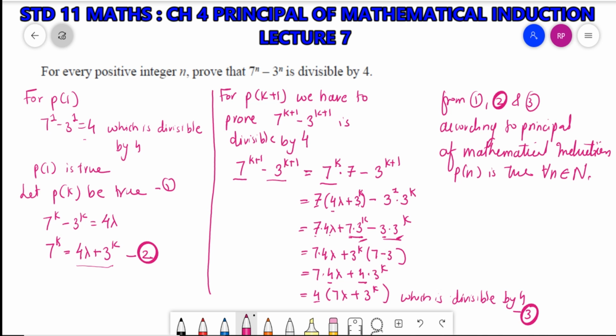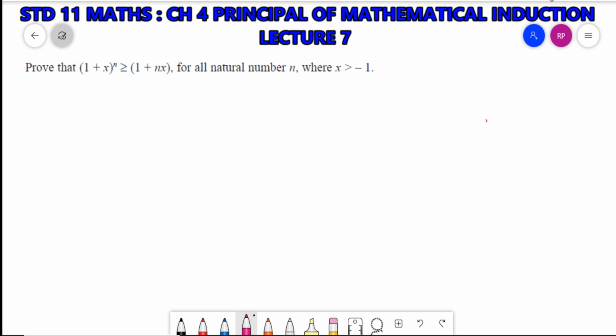Let's see the other one. Prove that 1 plus x raised to n is greater than or equal to 1 plus nx for all natural numbers n, where x is greater than minus 1. Okay, so now let's take P of 1.